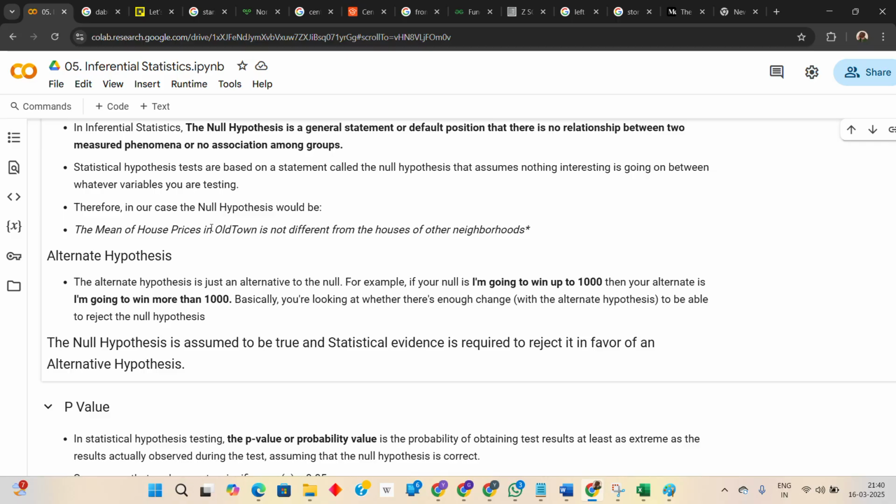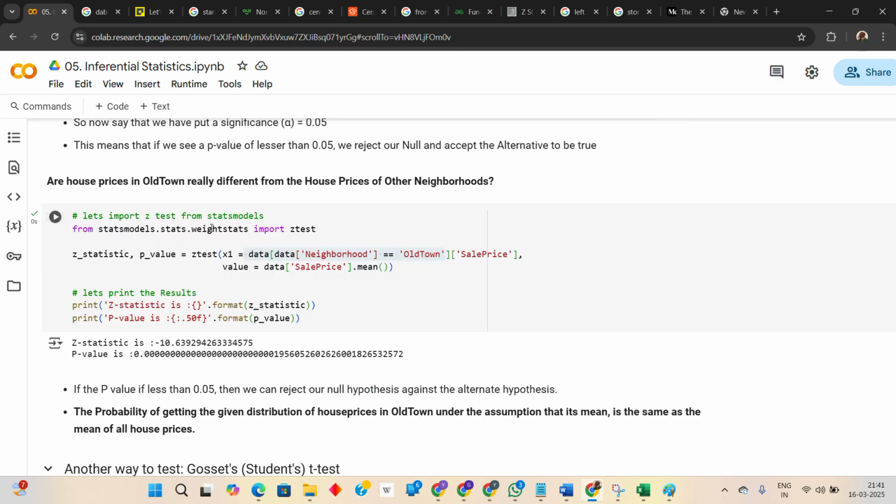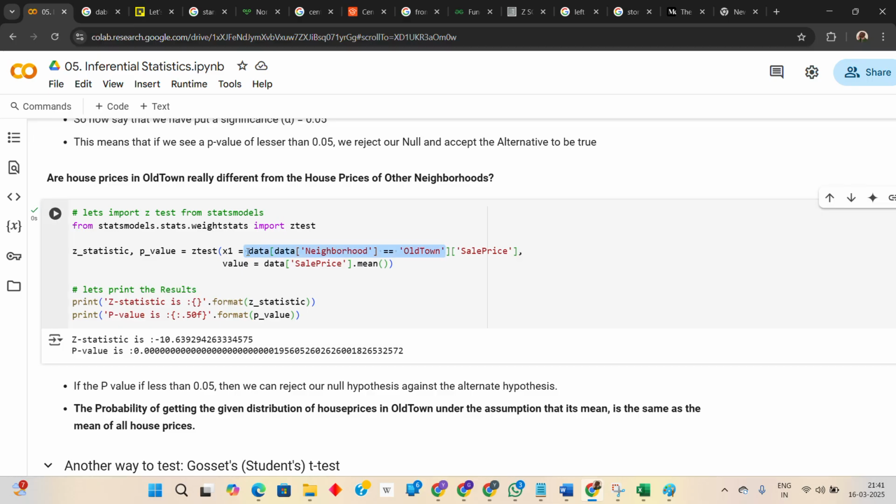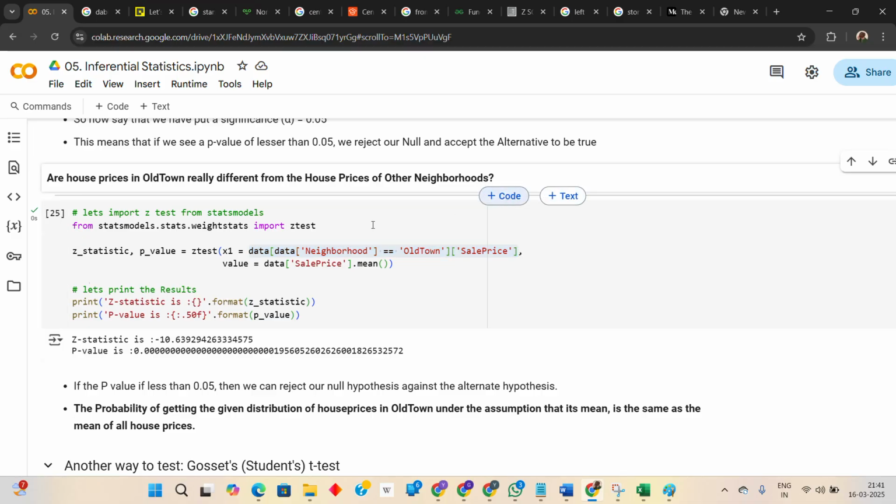The Old Town house price and other neighborhood prices, the average price is the same. That is what I am stating. I have to check whether it is really true or not. First of all, let me take that condition. The approach is first to take the condition of sale price. Here I will take the condition.